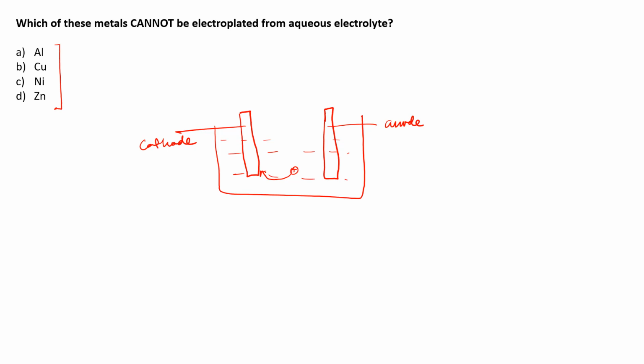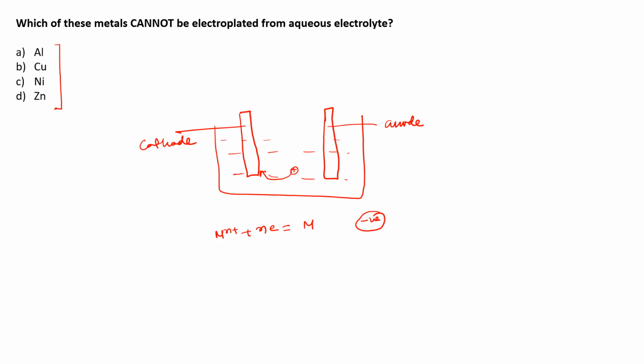Now see that these elements are Al, copper, nickel and zinc. If we know the reduction potential of these elements, what does it tell us? Suppose the reduction potential is negative.